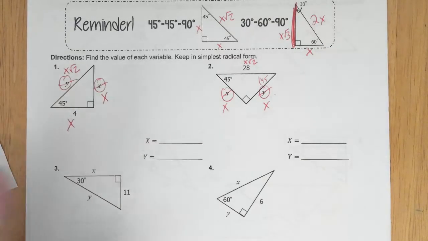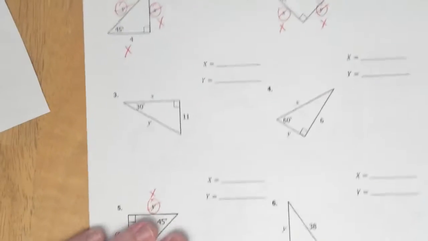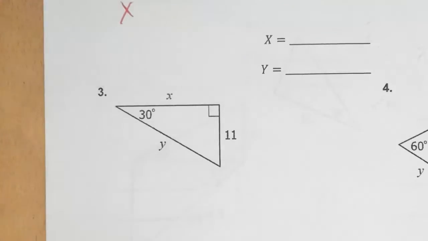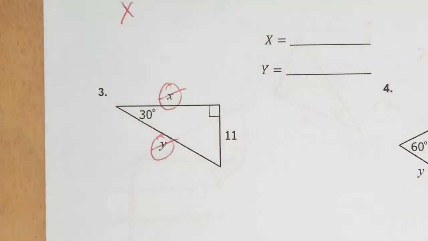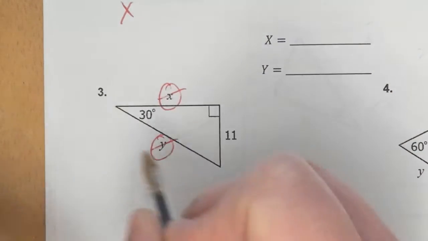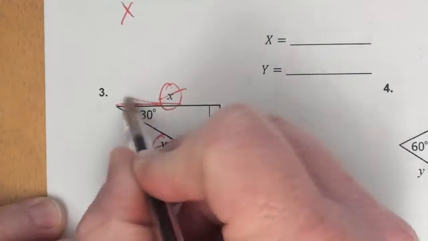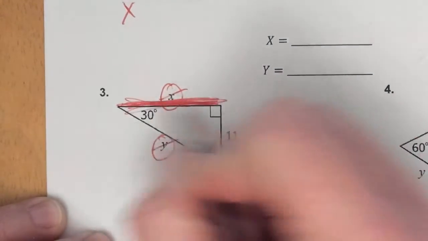Okay, you should have paused the video and done 3, 4, and 6. Let's see what you guys got. There's 1 and 2. Now for 3. Do not be afraid. A lot of people get these wrong the first time around. We're going to just learn and fix our mistakes. Step 1, ignore your variables. Step 2, label. The 30, 90, your fold should be right here.